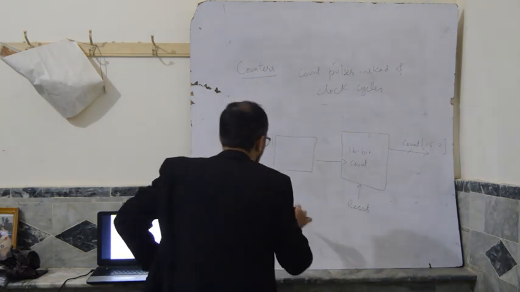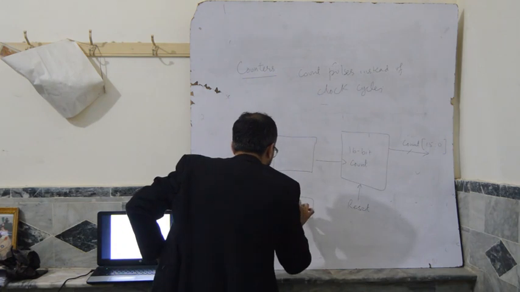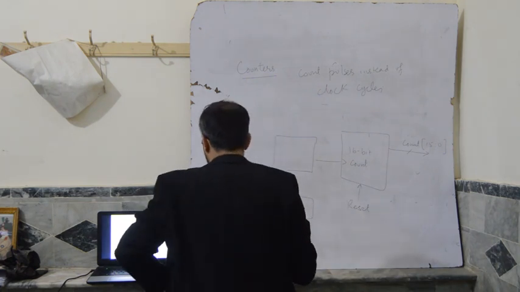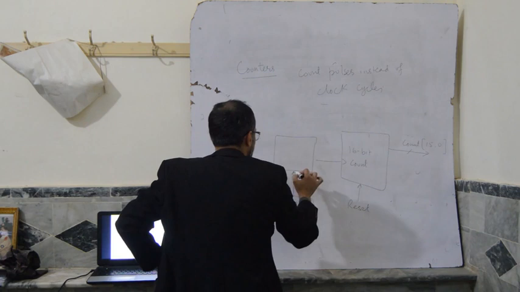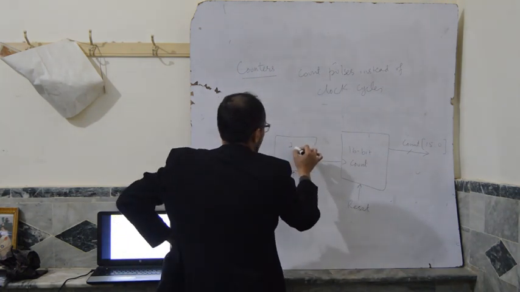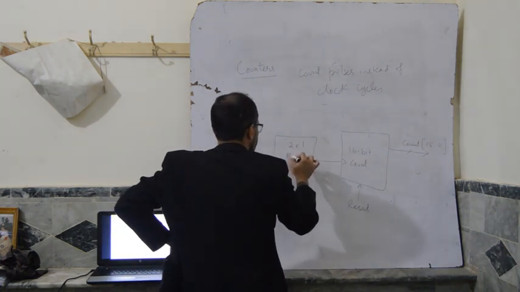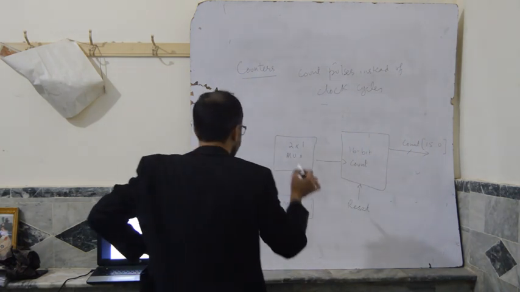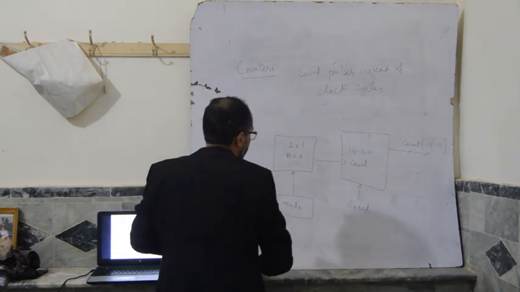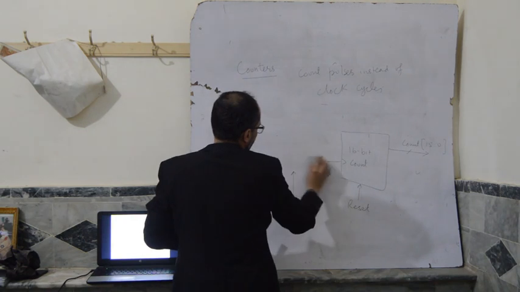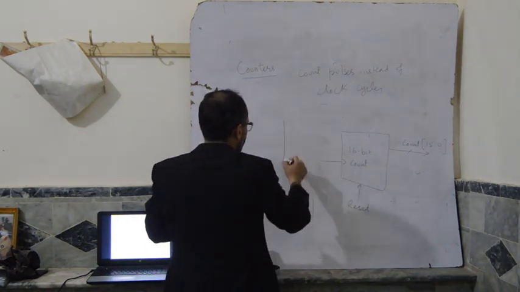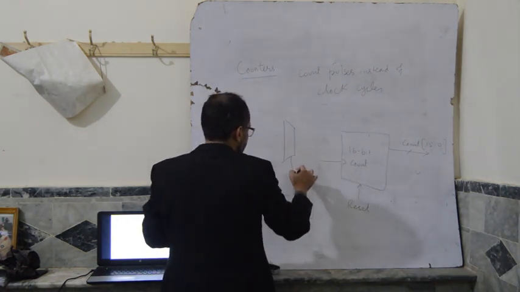So there is a mode. We will also set the mode for this counter, so we are using a 2 into 1 multiplexer. It will have a select line.